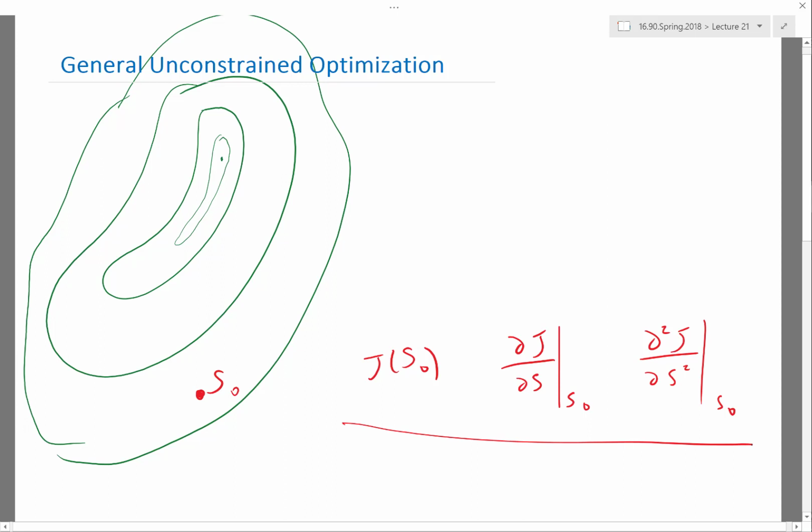So with these three, again, we can approximate locally what the landscape is using Taylor series analysis.